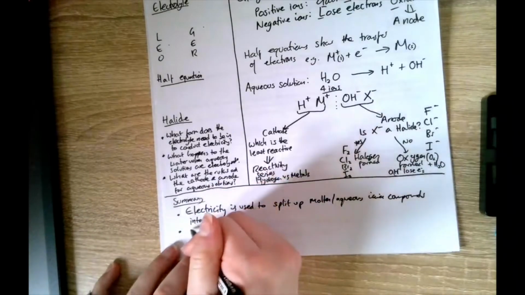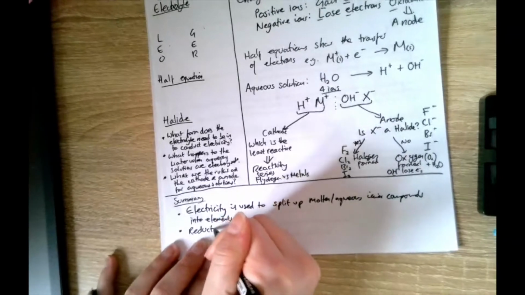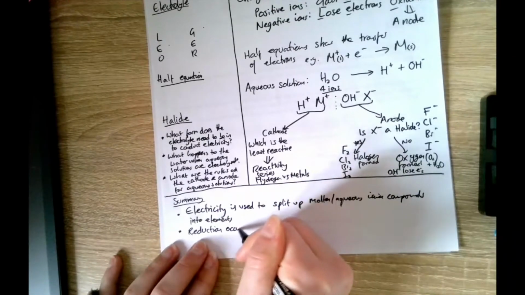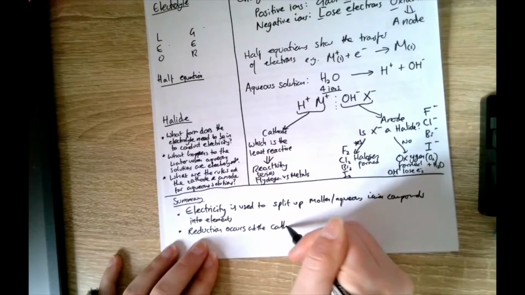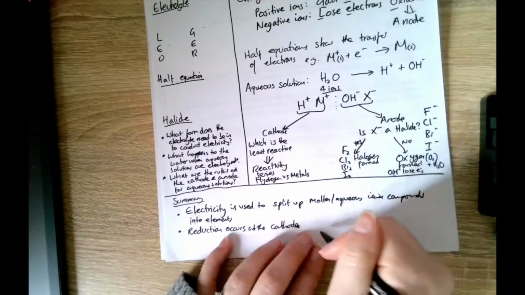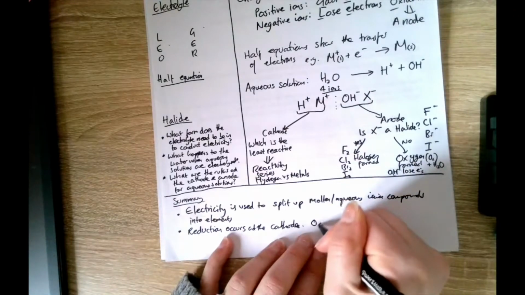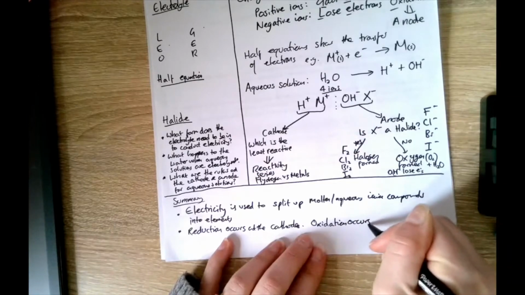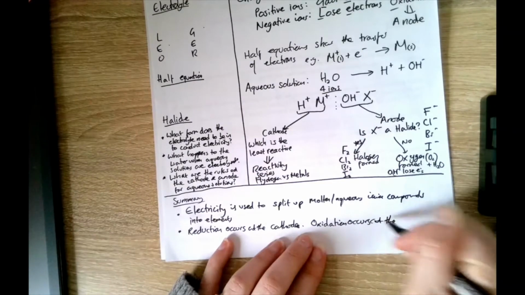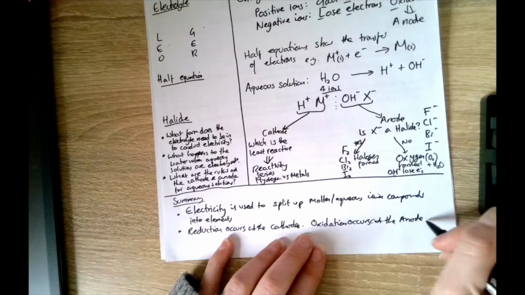We can then talk about how our reduction occurs at the cathode, whereas our oxidation occurs at the anode.